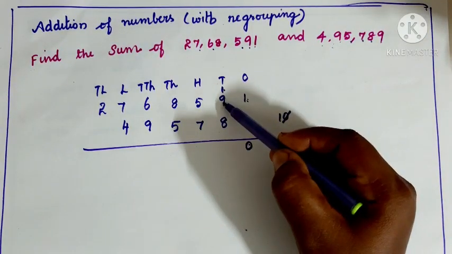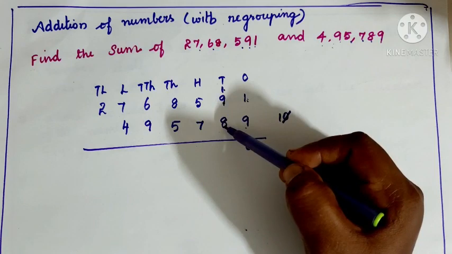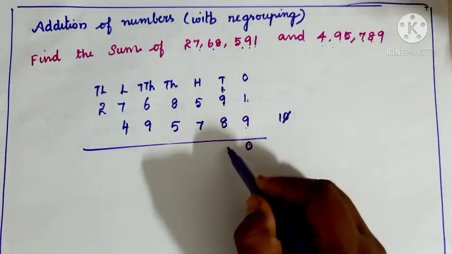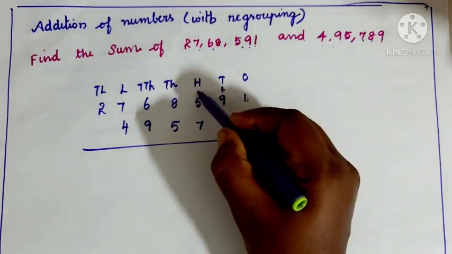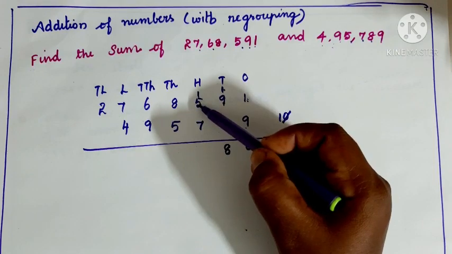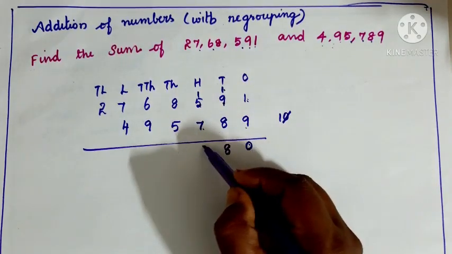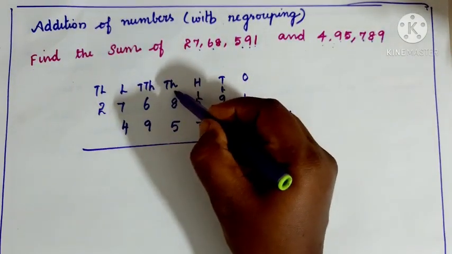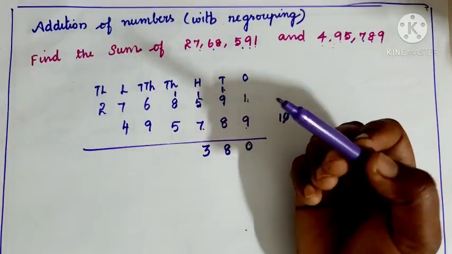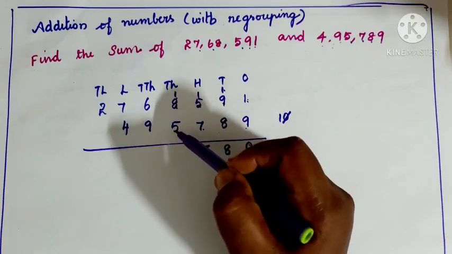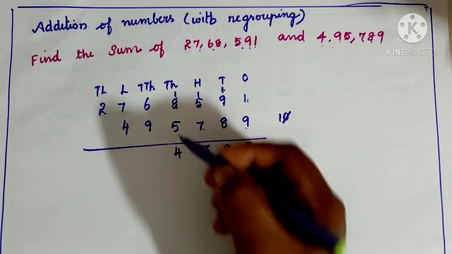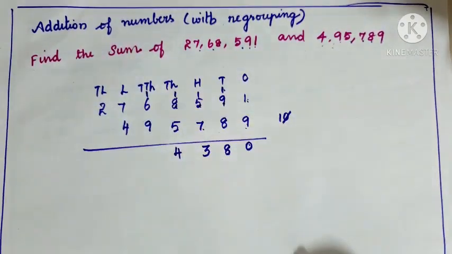1 plus 9 is 10. 10 plus 8 is 18. 8, carry over 1. 1 plus 5 is 6. 6 plus 7 is 13. 3, carry over 1. 1 plus 8 is 9. 9 plus 5 is 14. Carry over 1.